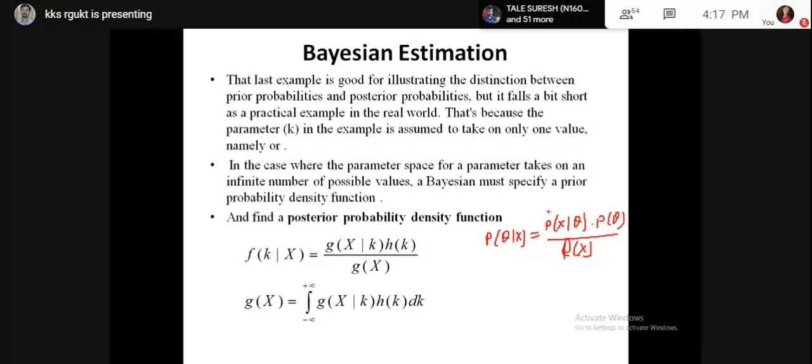Here we considered probability of x given theta, estimating a point value of the parameter theta. So we are not estimating the distribution, we are estimating a parameter.